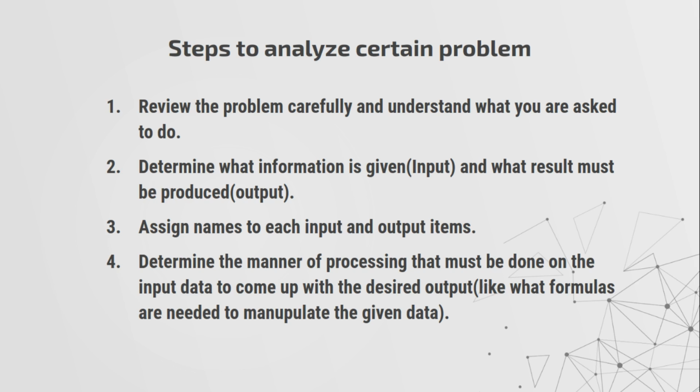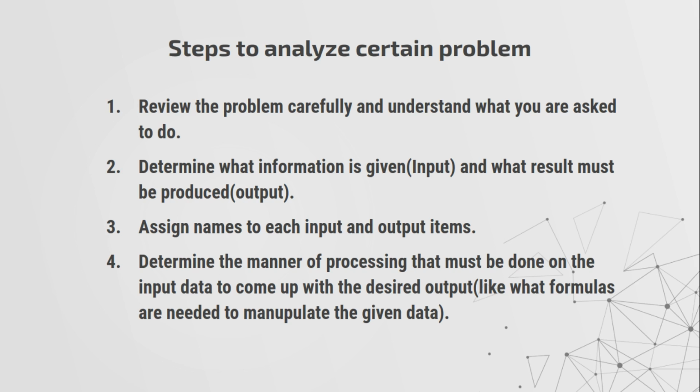And next, we have to assign a name to each input and output item. Obviously, it is easy to distinguish and easy to debug if a problem arises. And next, determine the manner of processing that must be done on the input data to come up with the desired output, something like what formulas are needed to manipulate the given data.